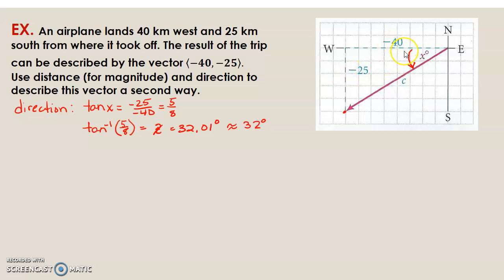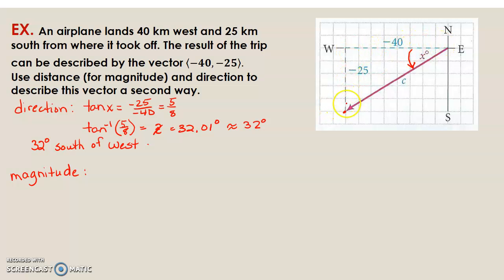Okay. So you would describe this as 32 degrees south of west. That would be your direction. Your magnitude. Okay. Well, here they don't give us the coordinates, but you don't need them.